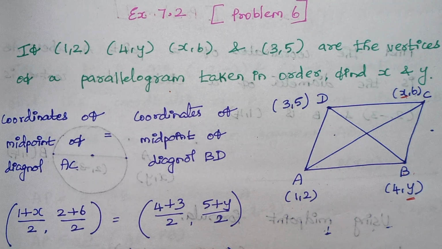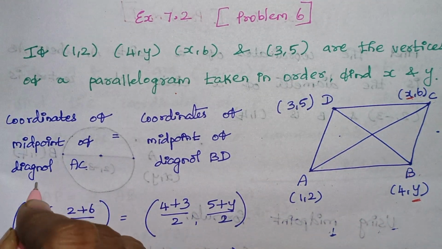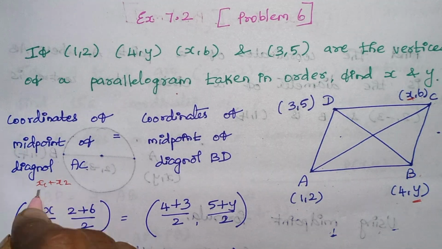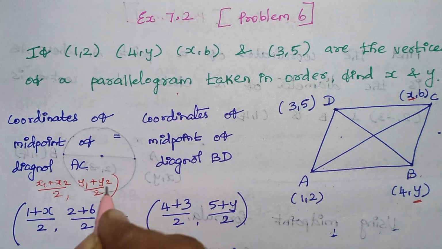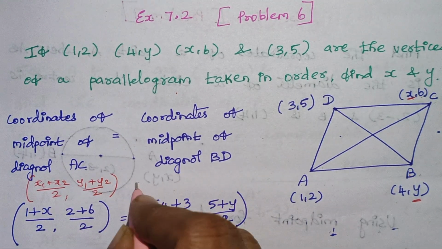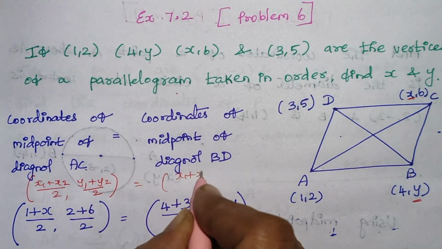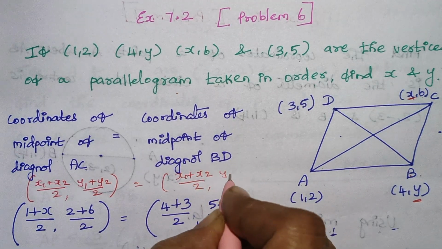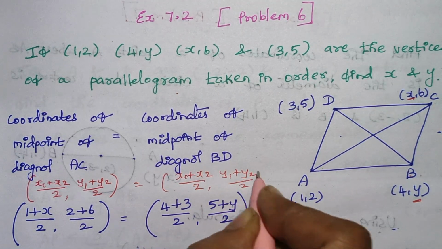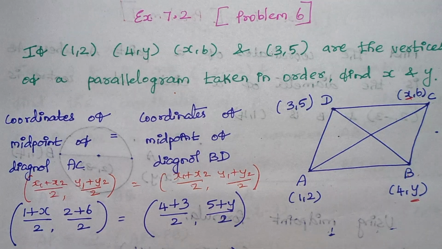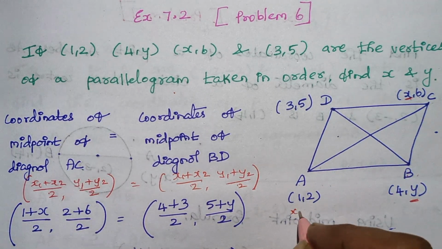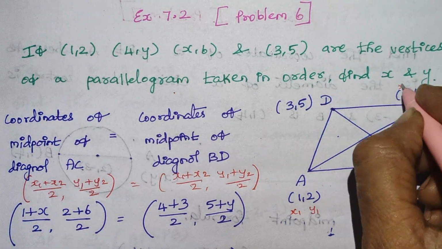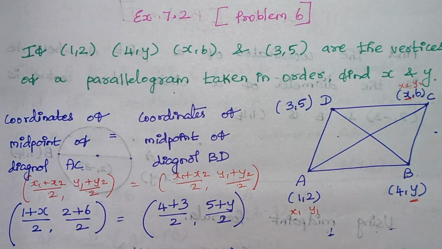So what is the midpoint formula? Midpoint is given by x1 plus x2 by 2, y1 plus y2 by 2. Right, the same applies over here. So you see, when you consider AC, this is my x1, y1 and this is my x2 and y2, right?